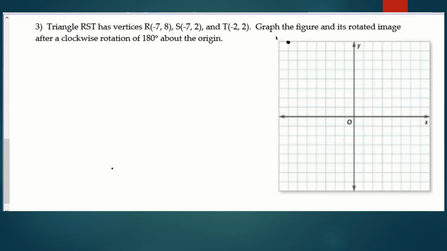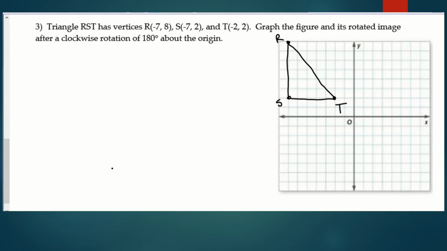Here's R. -1, 2, 3, 4, 5, 6, 7, 2. This is S. And -2, +2. Here's T. Here we go. There we go.